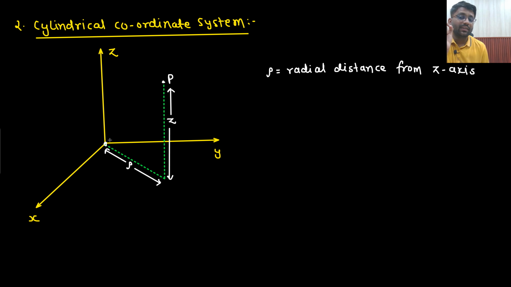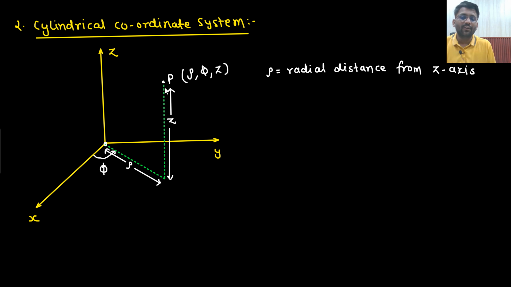He needs to say that you will make a rho distance making an angle of phi with positive x axis in anti-clockwise direction, come for distance rho and then come for z. That means its coordinate would be rho, phi and z.